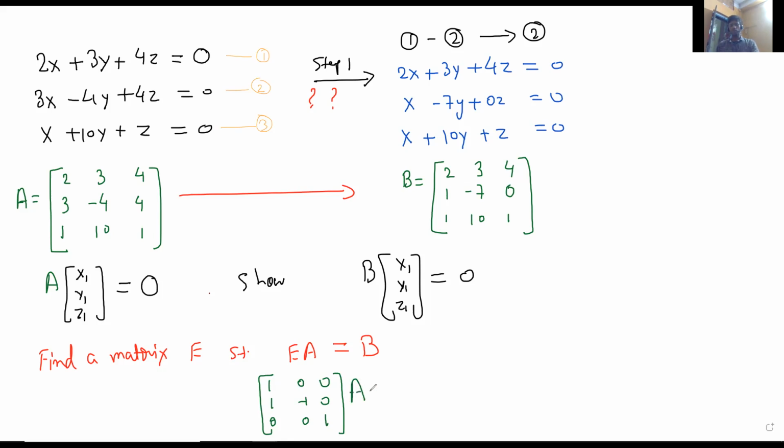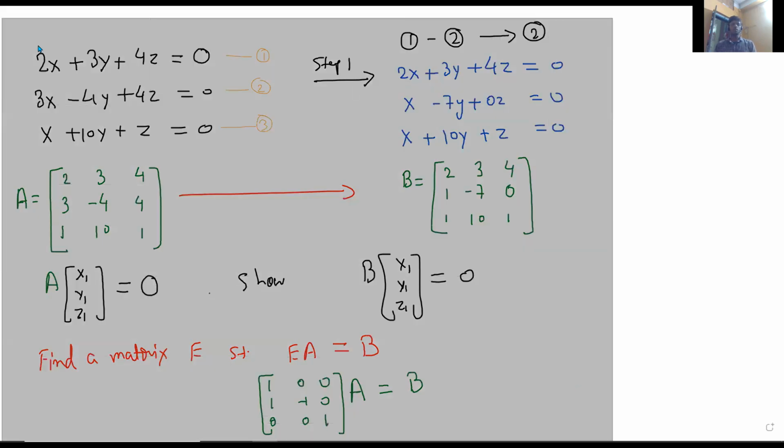That this times A is equal to B. But how did he get that? Okay, right. That is okay. So how can we generalize this?